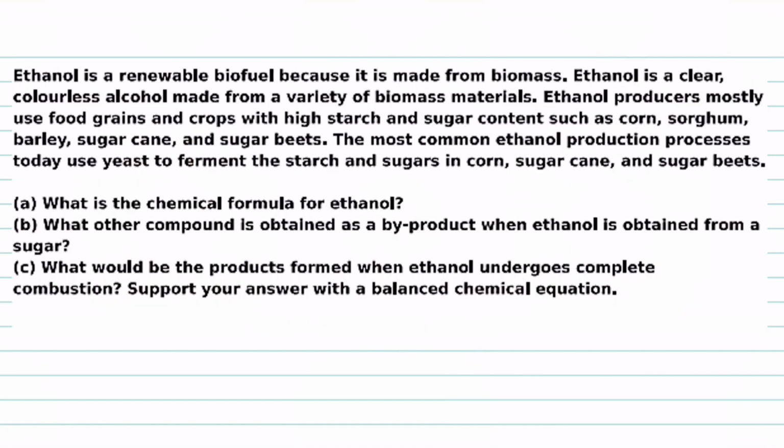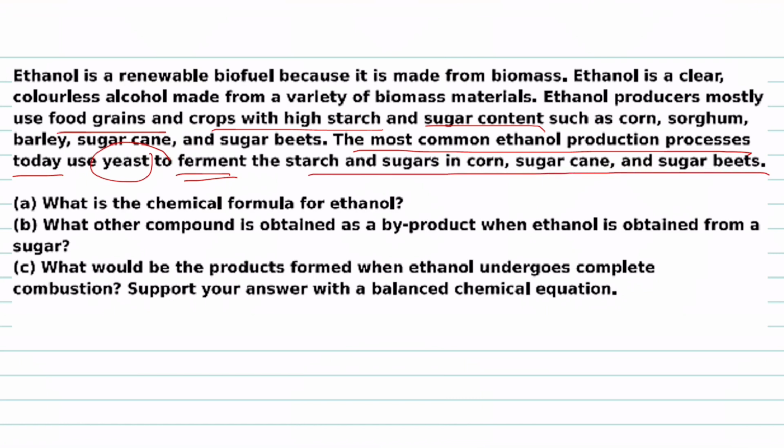Moving on, ethanol is a renewable biofuel because it is made from biomass. It's a clear colorless alcohol made from a variety of biomass material. Ethanol producers use food grains, crops, high starch, sugar. The most common ethanol production processes use yeast to ferment the starch and sugar in corn, sugarcane, and sugar beets.